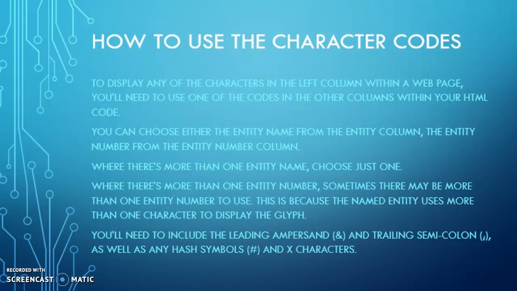Where there's more than one entity number, sometimes there may be more than one entity number to use. This is because the named entity uses more than one character to display the glyph. You'll need to include the leading ampersand and trailing semicolon, as well as any hash symbols and X characters.